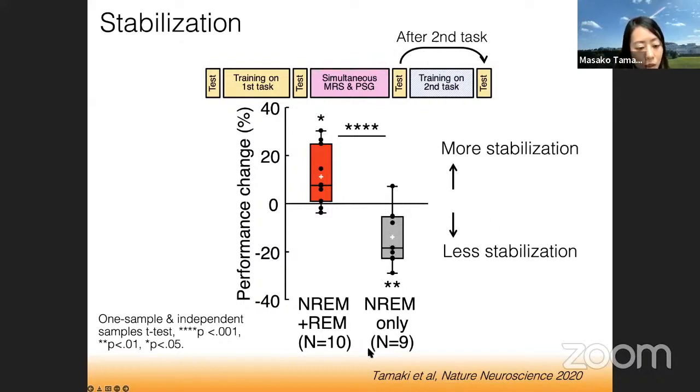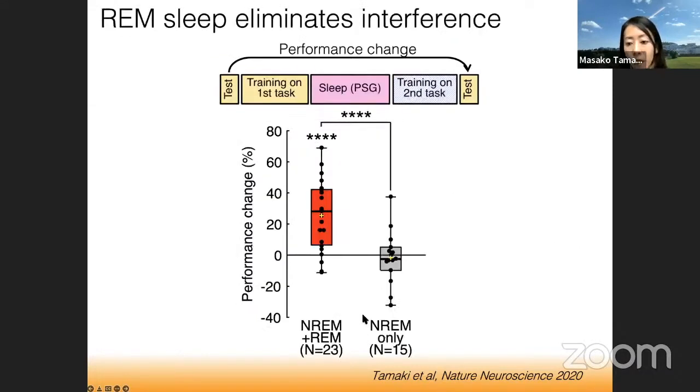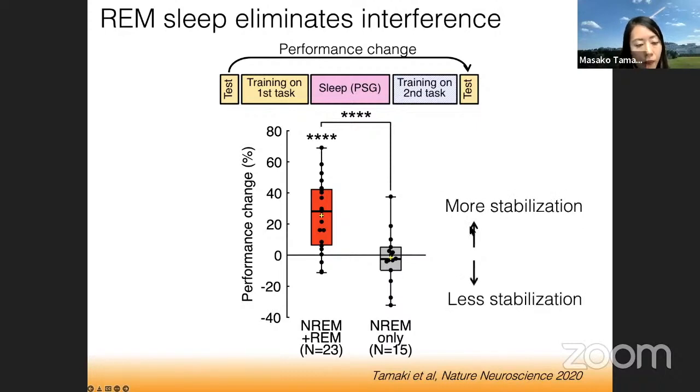Now, because the amount of data was still quite limited, we conducted another experiment with a larger number of samples. Here, performance on the first task was tested before and after training and sleep. Again, larger values indicate more stabilization, and smaller values indicate less stabilization of learning.